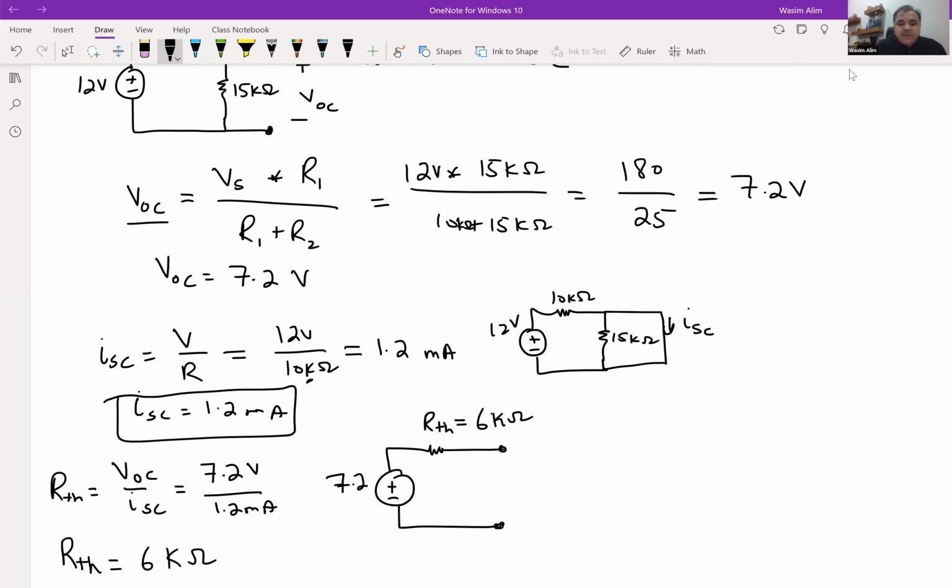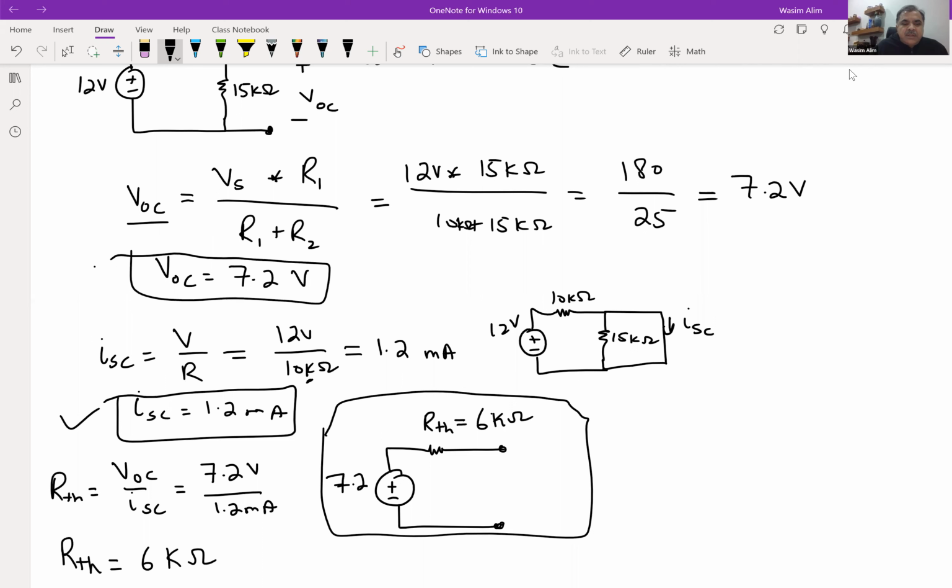Okay, so that is your equivalent circuit, and that's the standard technique. The standard technique is finding these two quantities, and these two quantities are going to give you this quantity, and that can be represented here. Okay, so that's just a standard format.